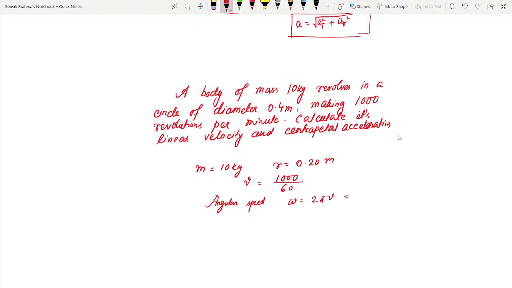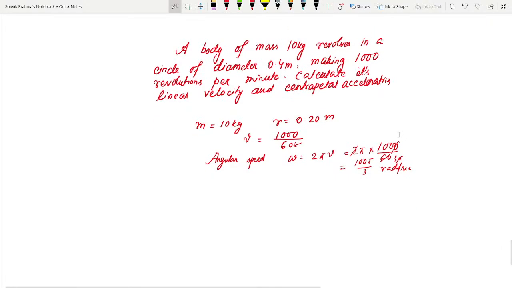We know this relation. Since 1000 revolutions per minute was given, I wrote nu, the frequency, which is the number of revolutions per unit time. Per minute means 60 seconds, so nu is 1000 by 60, and omega will be 100 pi by 3 rad per second.